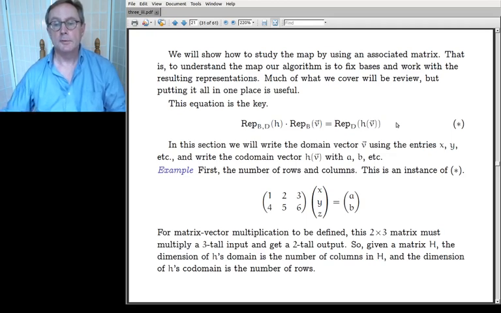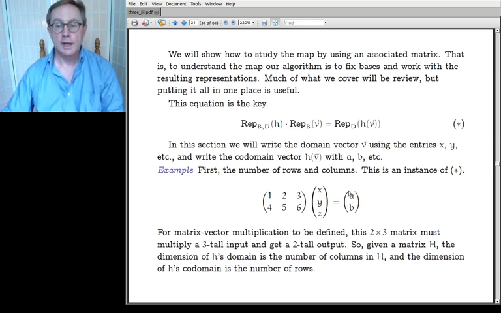The first part is about the dimensions. So the 2-row, 3-column matrix has to multiply by a 3-row, 1-column vector, and you've got to get a 2-row, 1-column output. So the dimension of h's domain has to be the number of columns in H, because when you represent things in the domain, they have 3 components.